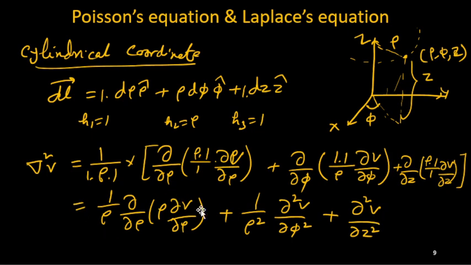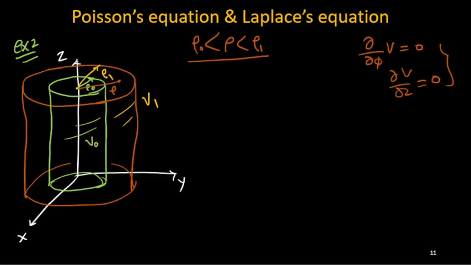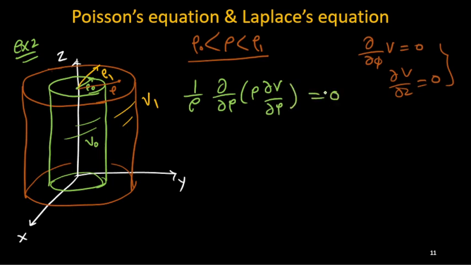So this term, 1 upon rho times ∂/∂rho of rho times ∂V/∂rho, has to be 0, but it does not imply that V is independent of rho. V is depending on rho, still it is 0. So I can multiply by rho and it will remain 0.